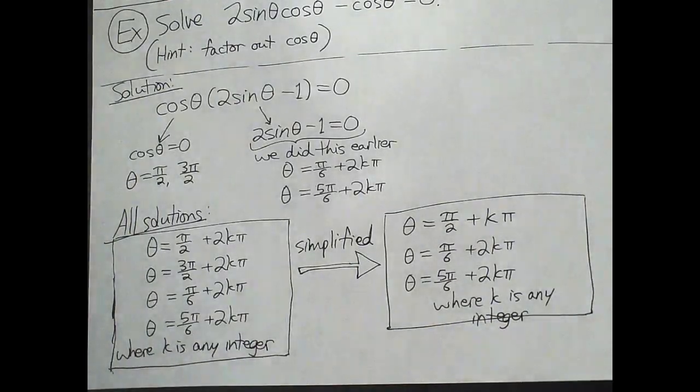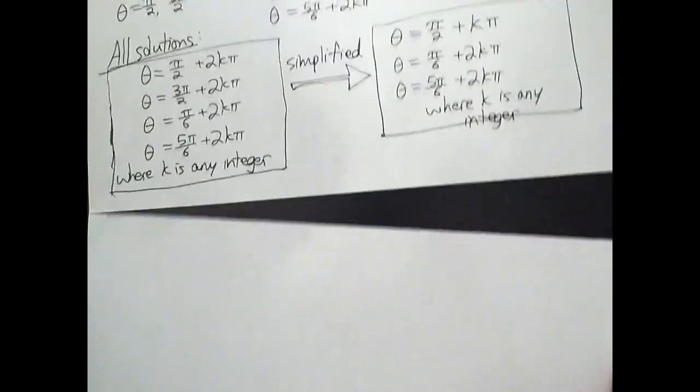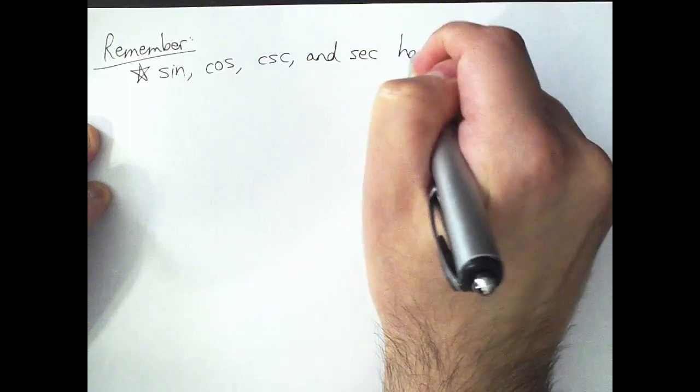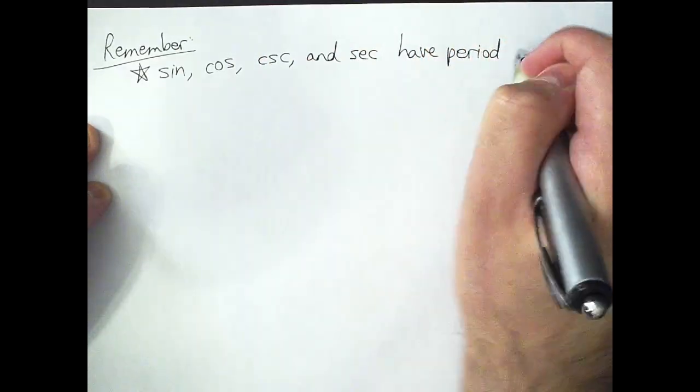Let's do a little bit more. Let's move this away. I feel like so many of the problems that we've been doing have been sine and cosine. And then you might say, what about the other ones? So remember, sine, cosine, cosecant, and secant have period 2 pi.